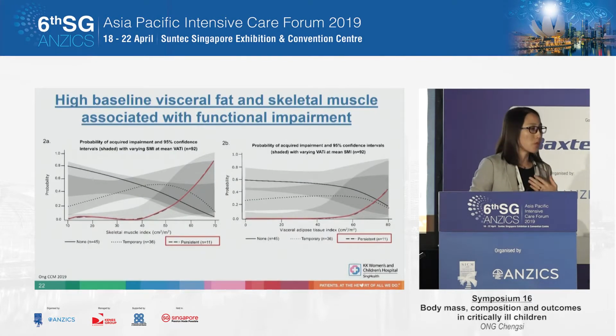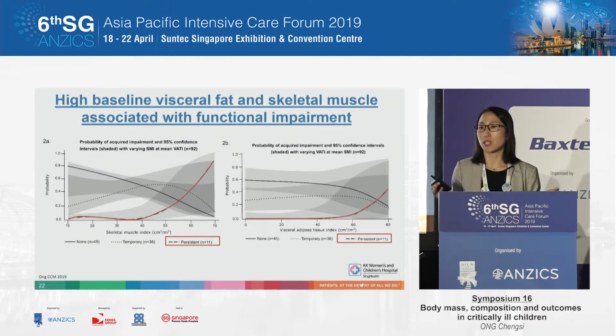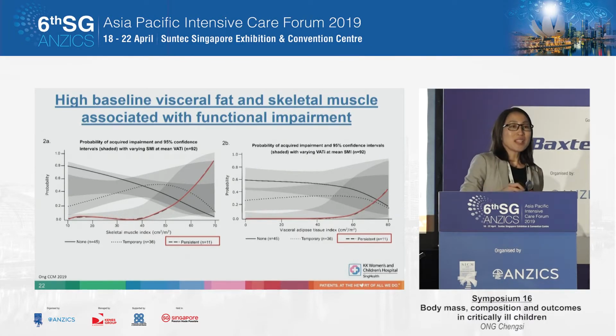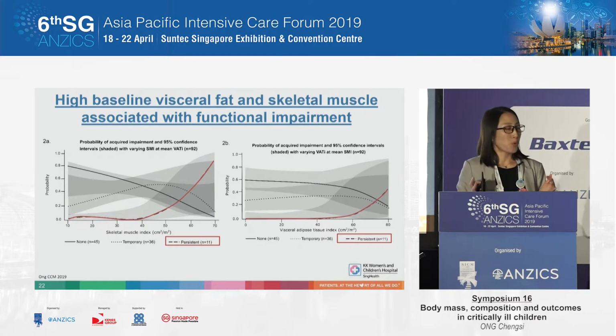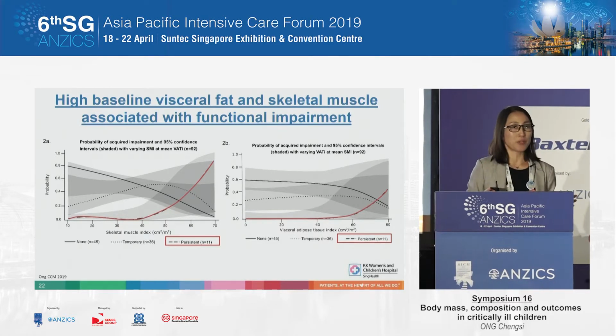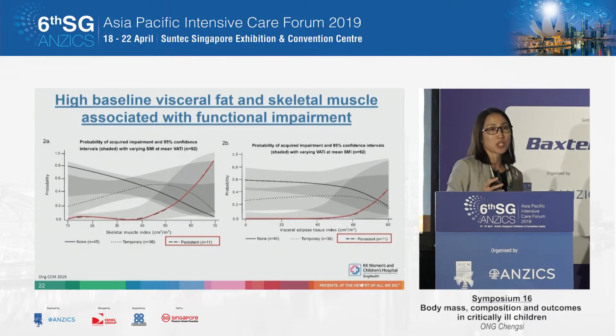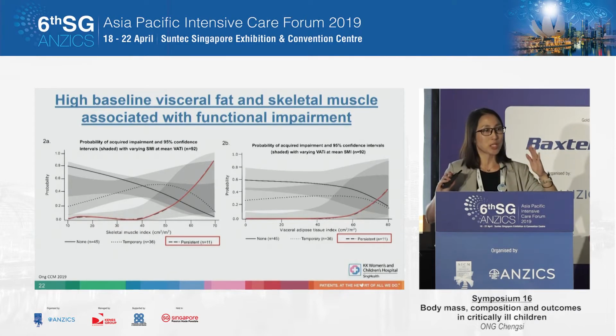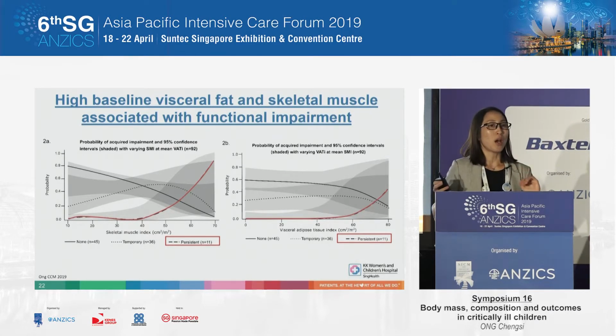And what we wanted to try to find out is how do these skeletal muscle or visceral adipose tissue areas correlate with the outcomes. So these are predicted probability curves, right? On the left, you see the predicted probability of persistent functional impairment at hospital discharge with increasing skeletal muscle index, which means that if you follow the red line would be the ones with the persistent impairment, which means they have impairment at ICU discharge and also at hospital discharge.